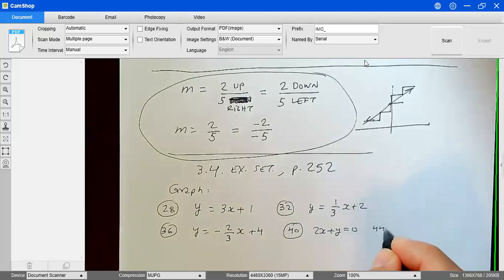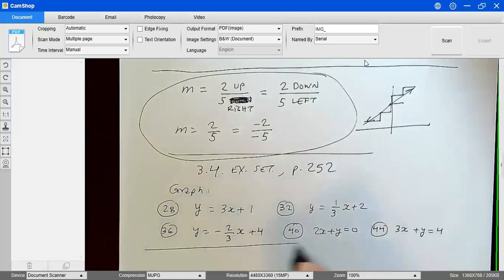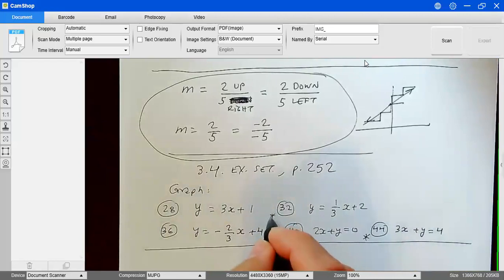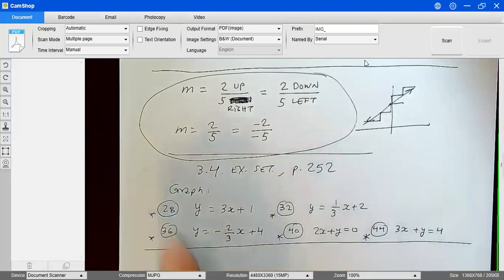And 44 is 3x plus y equals 4. So we're on these 5 exercises. Get your 5 plots, take screenshots, and then send me those when we finish the lecture. I'm going to give you 15 more minutes to work on these 5 graphs.